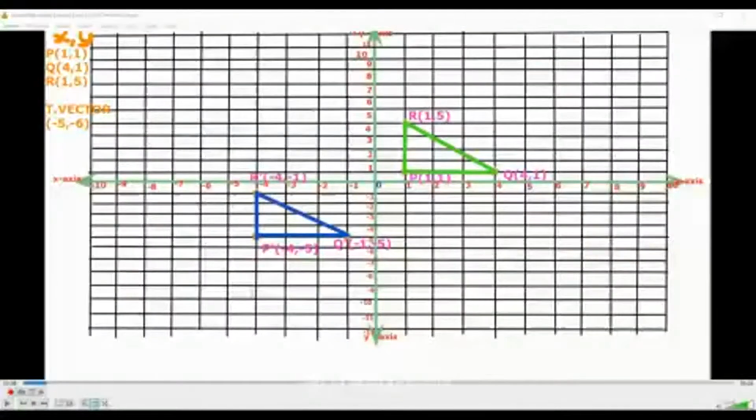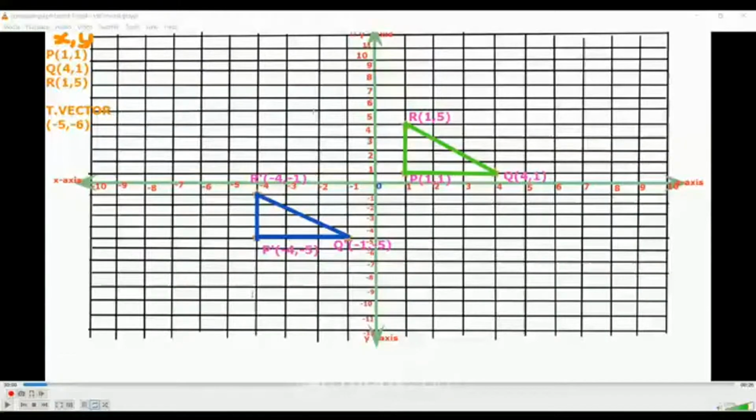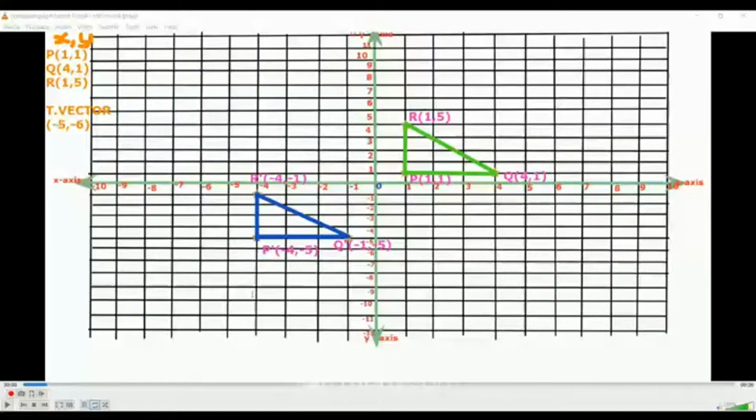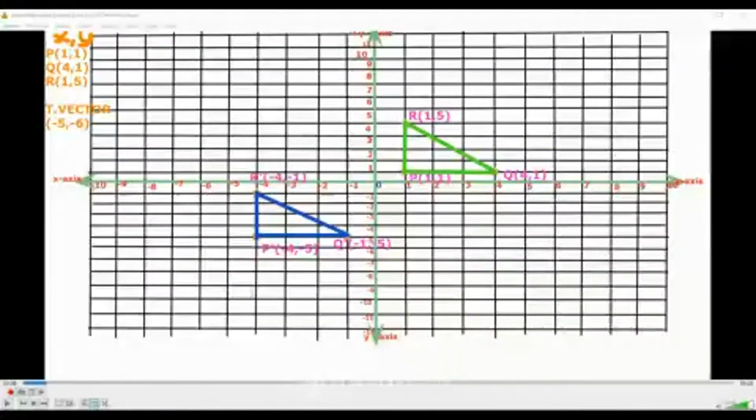Now we also use the properties or the facts about the translation. The shape here is the same. It has not rotated. All the points are moved by the same translation vector, and the translation vector was giving us -5 and -6.